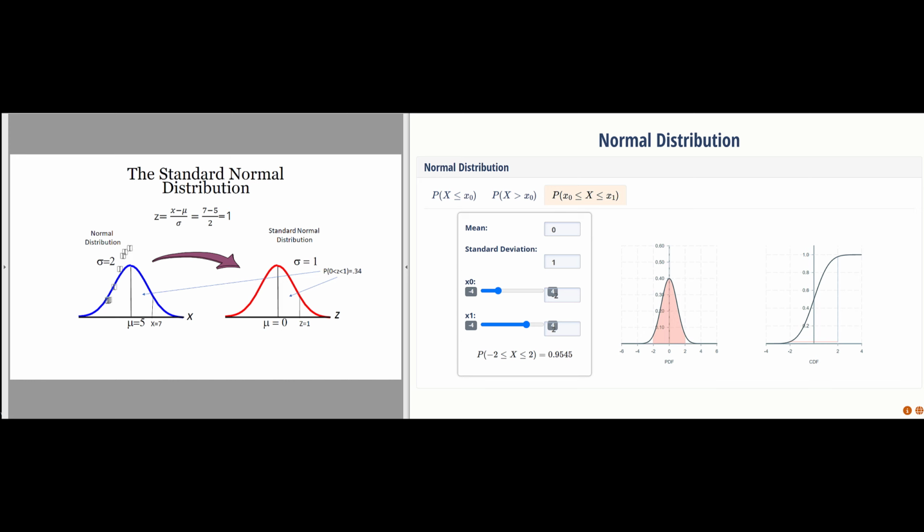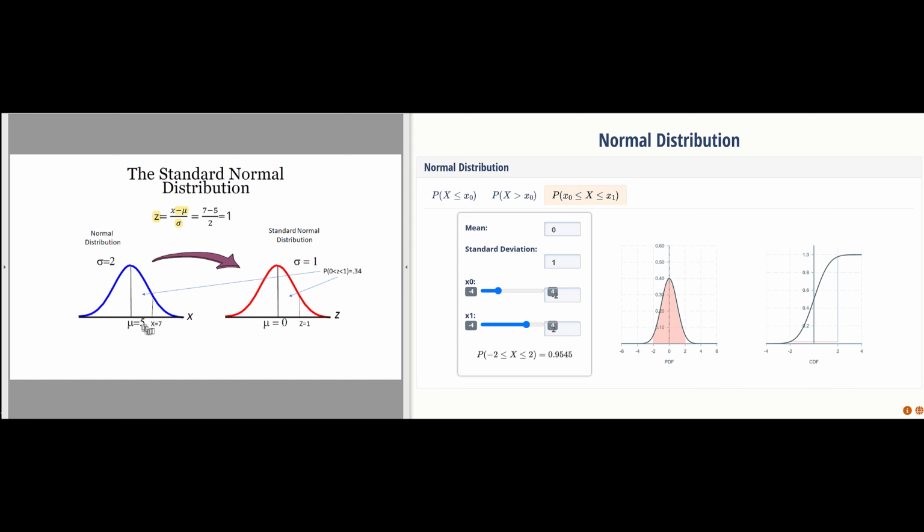So, in fact, what you can do is take your specific normal distribution that you have computed from your data and simply subtract its mean and divide by your distribution standard deviation to get something called a z-score, or an equivalent standard normal distribution score.